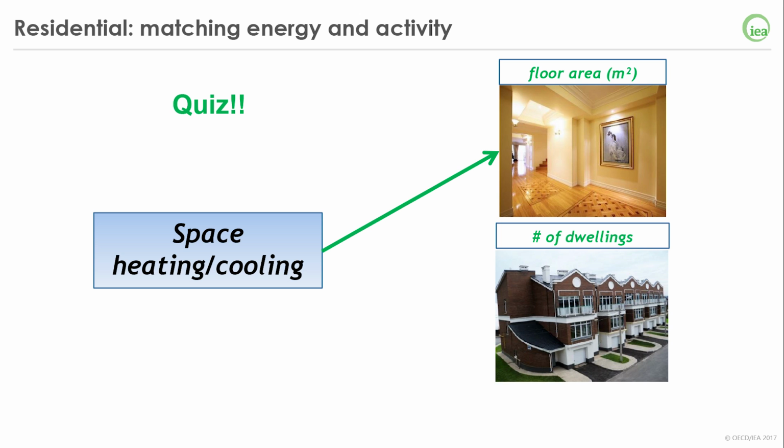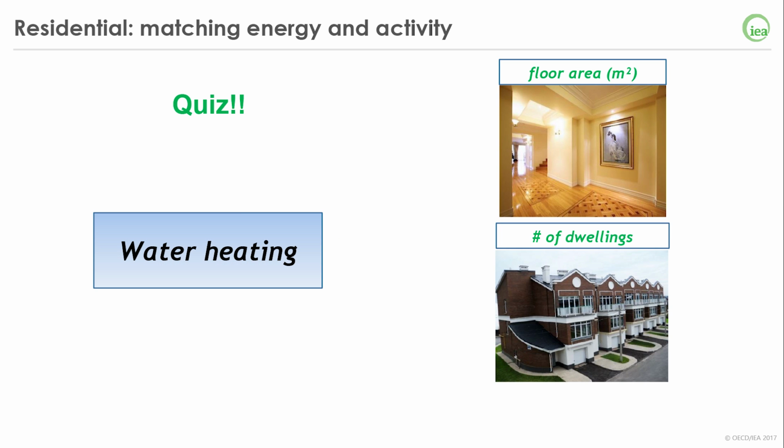In this case, residential floor area is the most appropriate activity data because we are heating or cooling in reality the space. When it comes to the energy consumed for water heating, the better option is the number of dwellings, because we don't need more water because our house is bigger. It relates to the number of people living there.